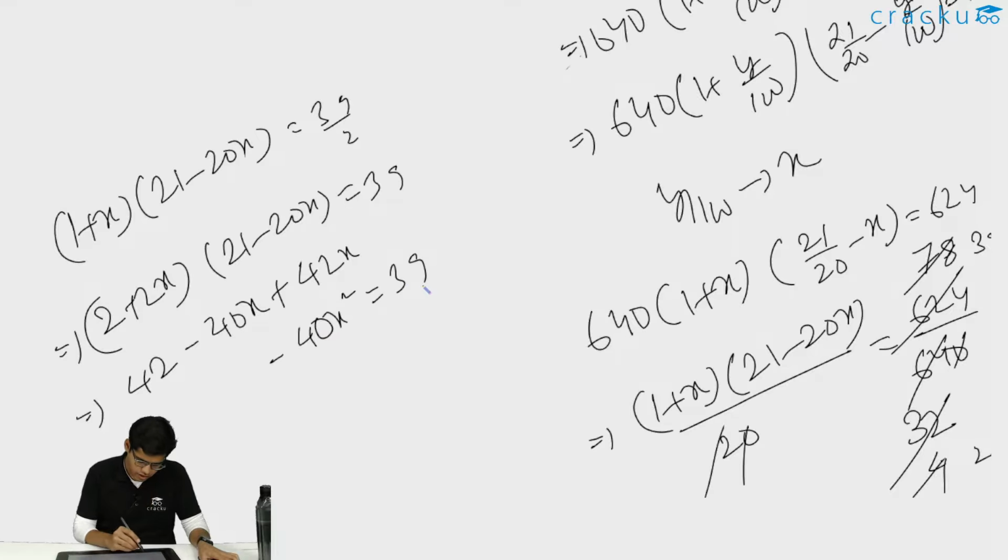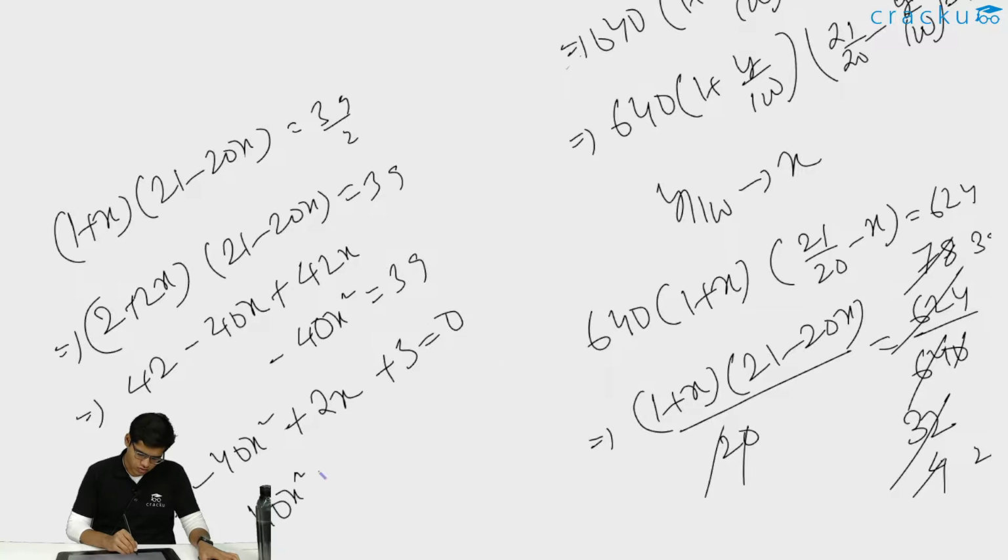So 42 minus 40x plus 42x minus 40x square equals 39. Or minus 40x square plus 42x minus 40x, it is plus 2x. 42 minus 39, it is 3. Or 40x square minus 2x minus 3 equal to 0.